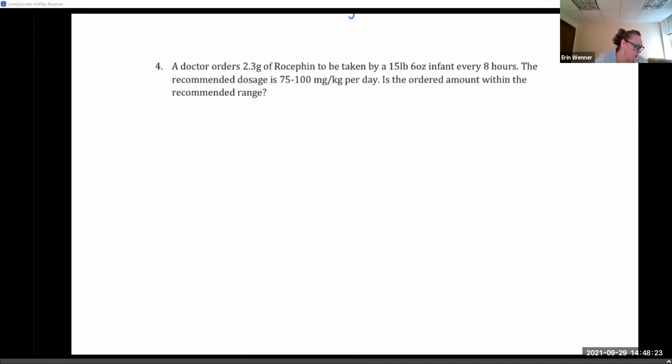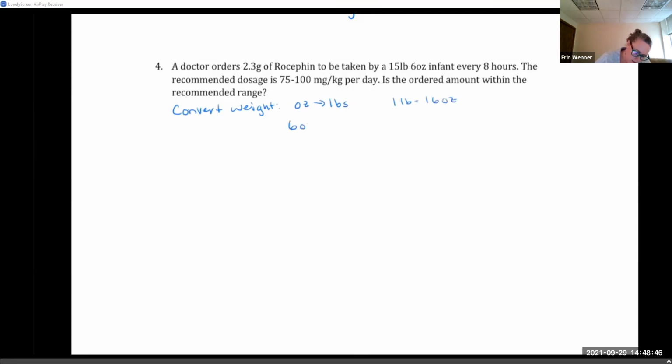So our first is going to be converting. We're going to convert the weight. So we're going to take ounces to pounds. We know that 1 pound is equal to 16 ounces.